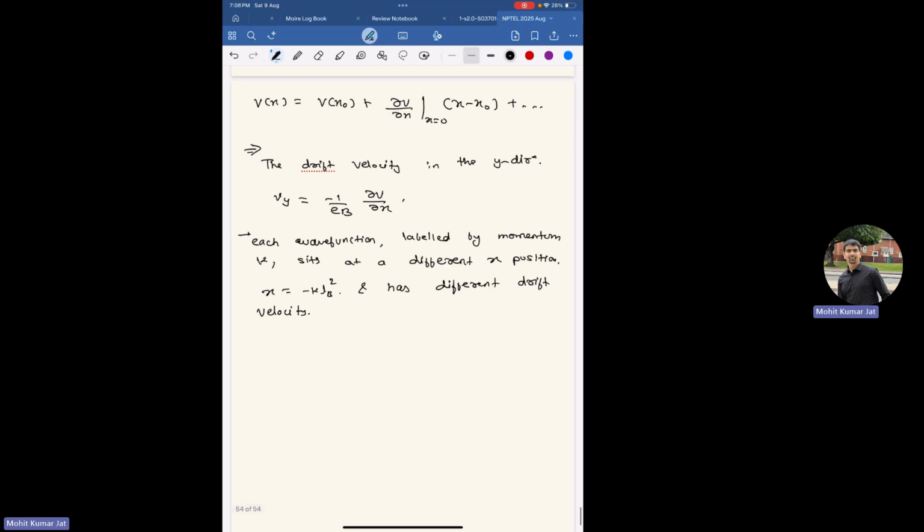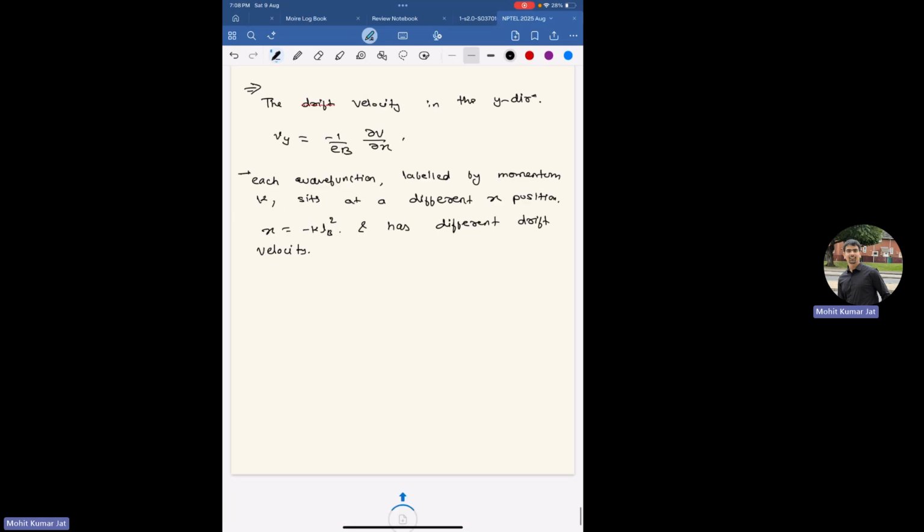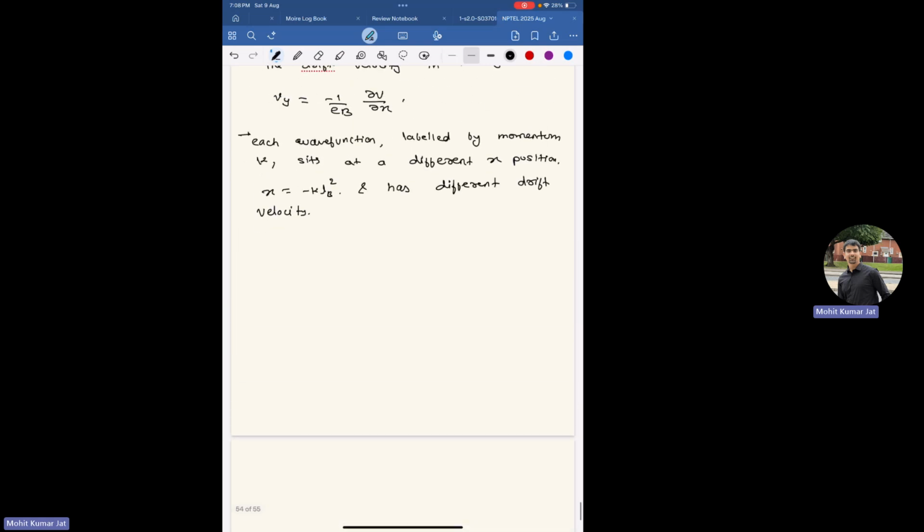In particular, the modes at each edge are both chiral, traveling in opposite directions. And if you see the profile of the potential, it is like this, right? So here this is your V, and this is your x. On this side, del V by del x is positive. That means your Vy is negative.